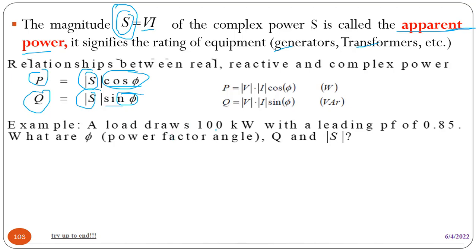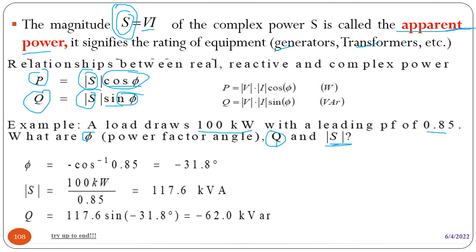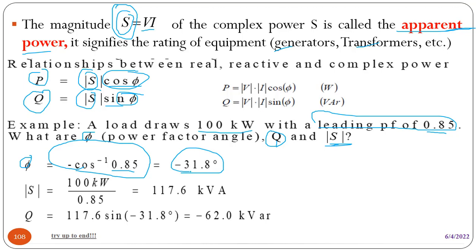Example: a load draws 100 kilowatts with a leading power factor of 0.85. What are the power factor angle, reactive power, and the magnitude of complex power or apparent power? By having this question, we can calculate. We have been given a leading power factor, so the angle is equal to minus the cos inverse of the given power factor, which is 31.8 degrees.